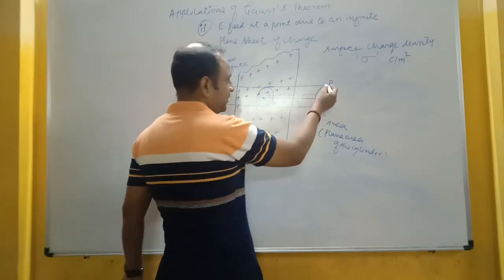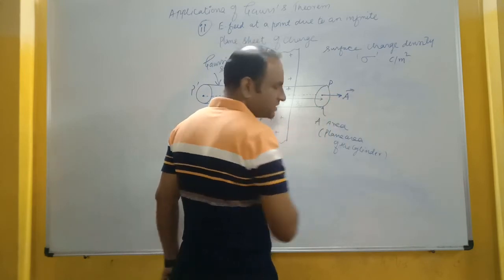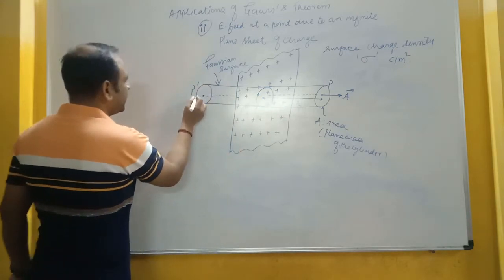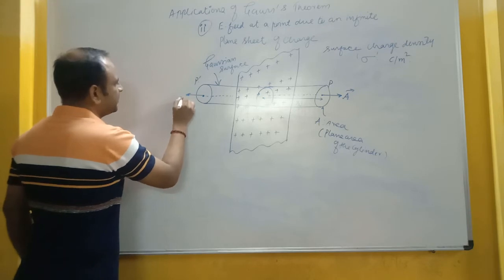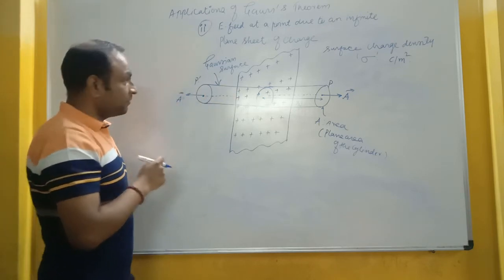Now, how will the area vector look? Here, the area vector would be the outward drawn normal. So my A vector would be somewhere here, outward drawn normal, and here my A vector would be somewhere here, outward drawn normal. What about the curved surface?